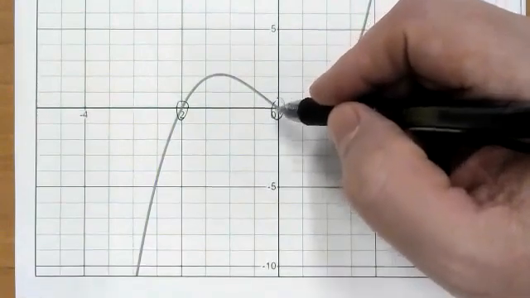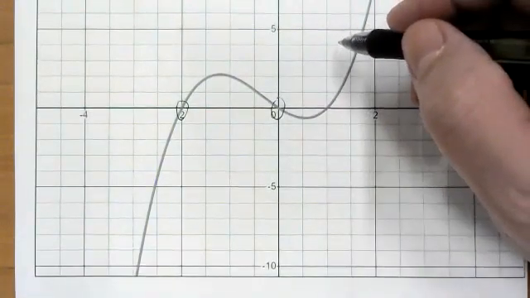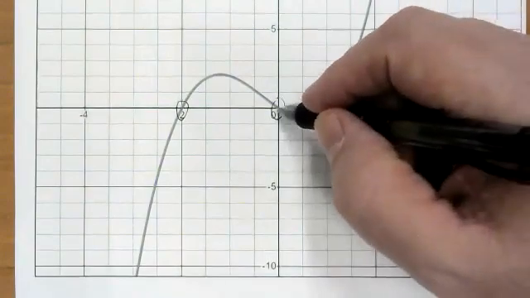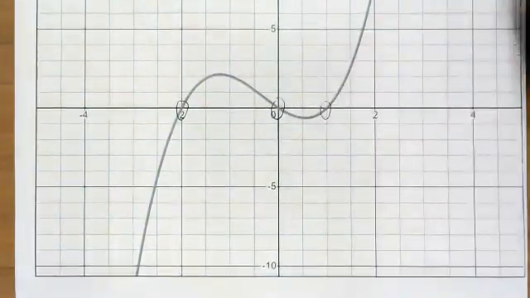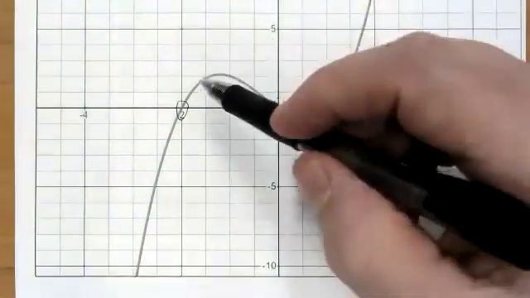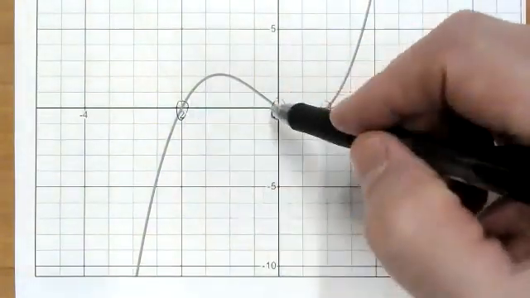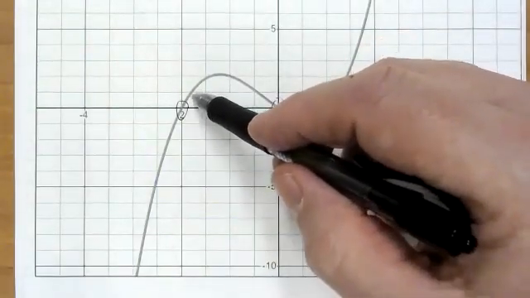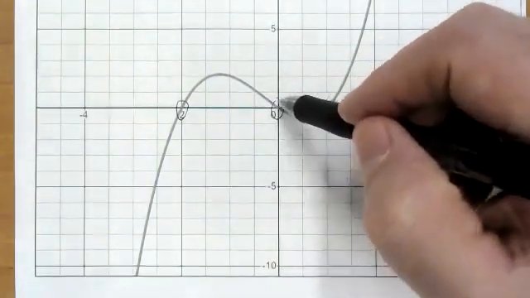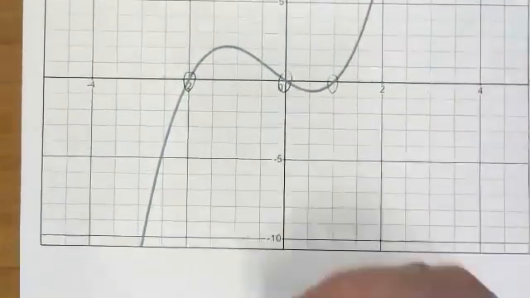Actually, it's going through the origin. So we're crossing both the x and the y-axis at the same point. Then you keep going, and it looks like here you have another x-intercept. So it looks to me like we actually have 3 x-intercepts, 3 different values of x where the graph crosses the x-axis, and 1 y-intercept.